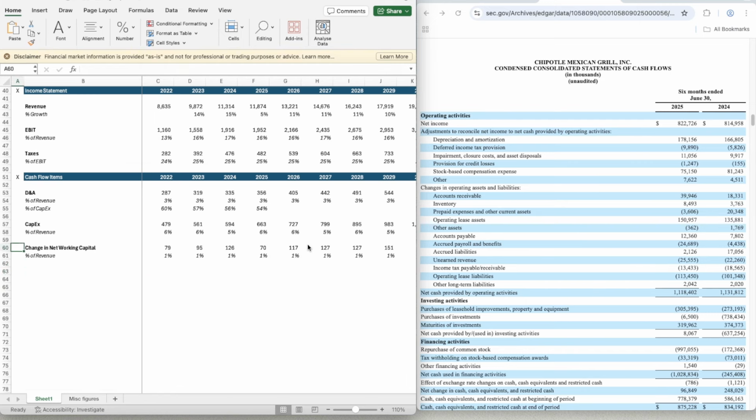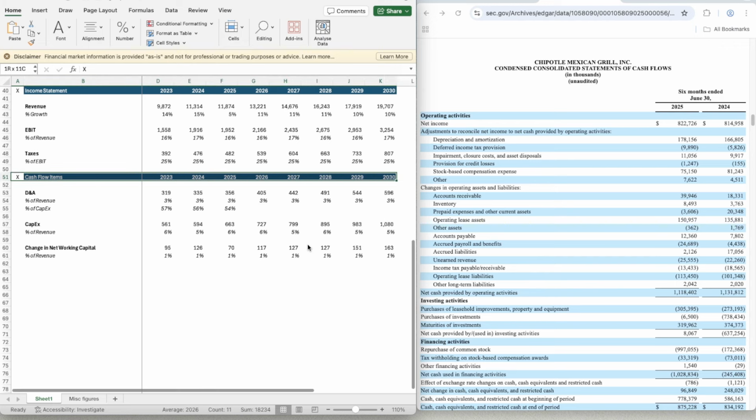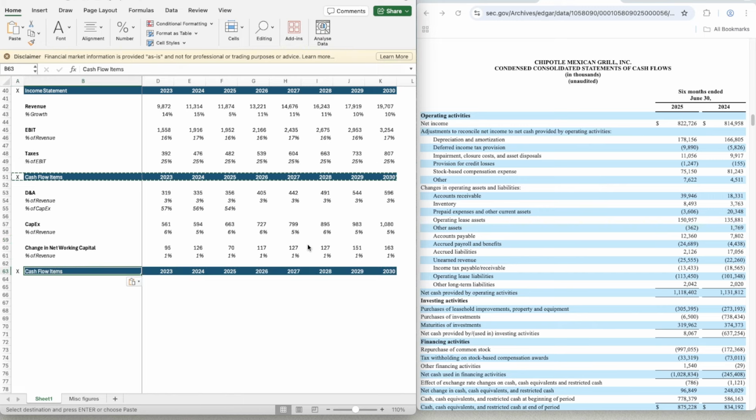Let's build the DCF. It's going to feel like there's a lot of repetition, but there is a meaning to it and a purpose. So DCF. The first thing we have on the DCF is, again, the revenue.